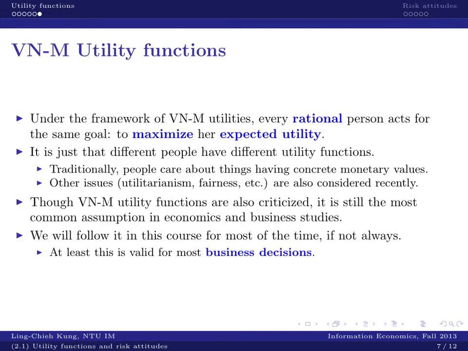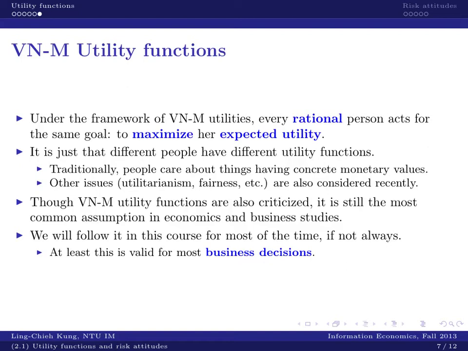In the economics or business world today, most of the time we talk about von Neumann and Morgenstern utility functions, even though there are some drawbacks. One thing we can say for sure is that this may not be true for everyone, but it is valid for most business decisions because typically we are focusing on business entities like companies, like firms.